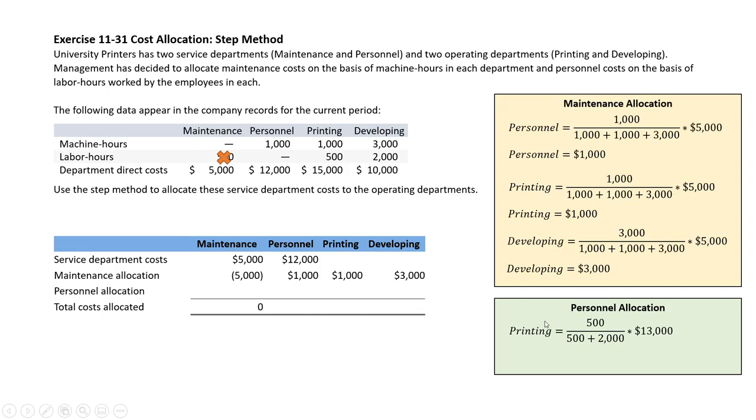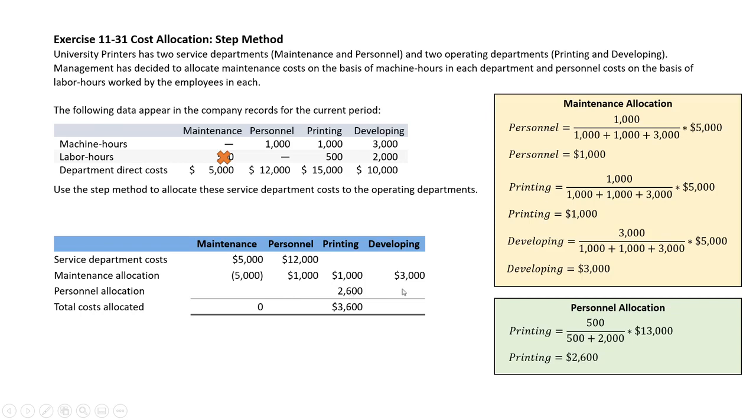We're only focused on the efforts they provide to printing and developing. So if we're trying to determine what amount of personnel is allocated to printing, it's 500 hours provided to printing divided by 500 plus 2,000, or 2,500 in total. So that would be 1/5, 500 divided by 2,500 times $13,000. Again, I want to stress here, not only the $12,000 of direct costs, but also the $1,000 allocated from maintenance. So the total amount of personnel costs allocated to printing would be $2,600.